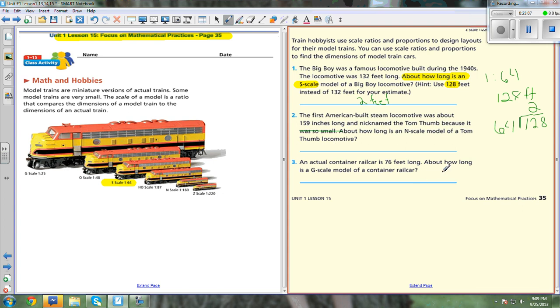It was called the Tom Thumb. Now if you use the N scale, which is 1 to 160, so now you have 159 inches, and the N scale is 1 to 160.